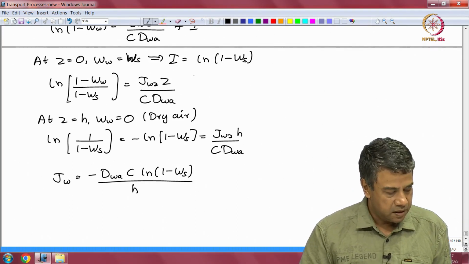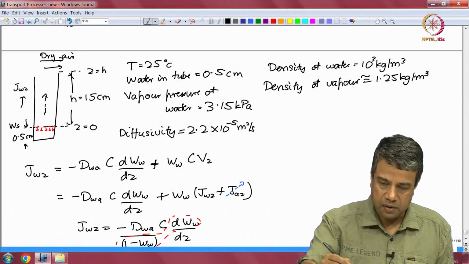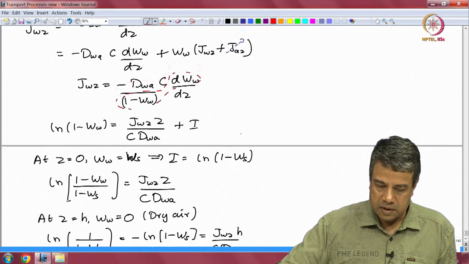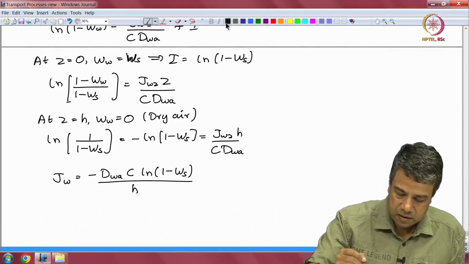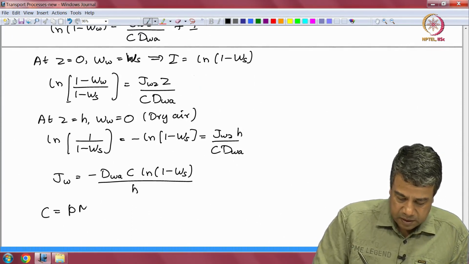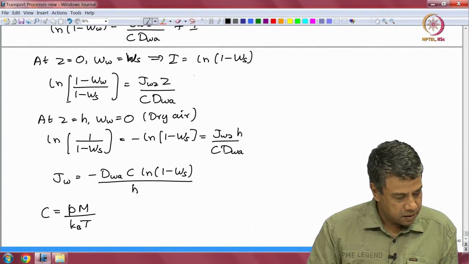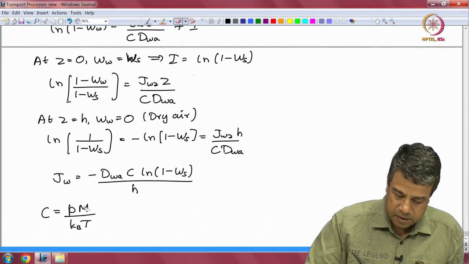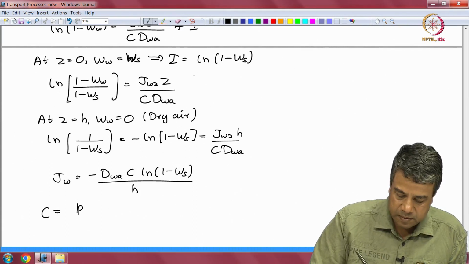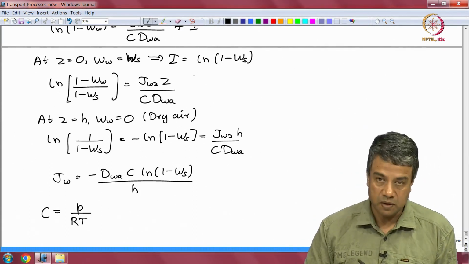I know the diffusion coefficient, it has been given in the problem: 2.2 into 10 power minus 5. What is the molar concentration of water? C has to be equal to P by RT. Sorry, for molar concentration there is no kB, so I will just use P by RT. P by kBT is the number of molecules per unit volume.